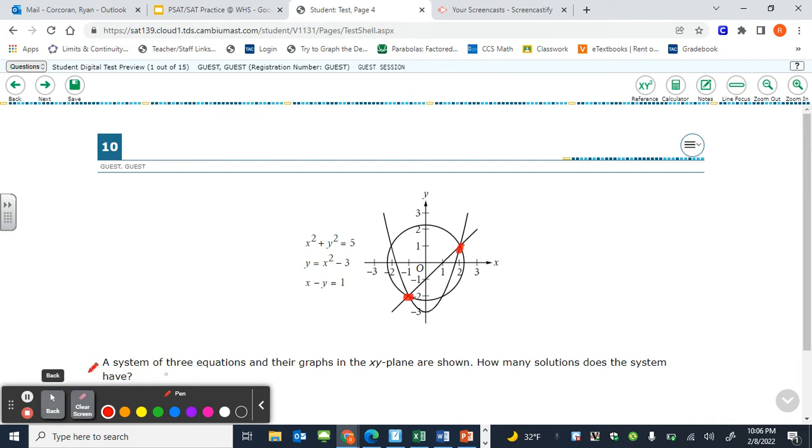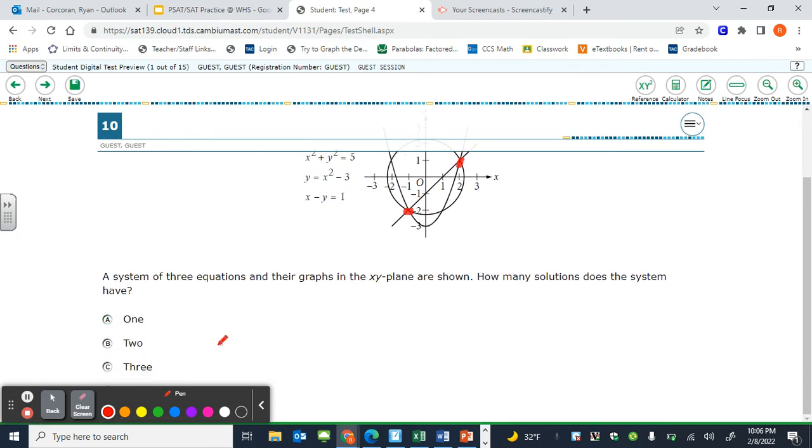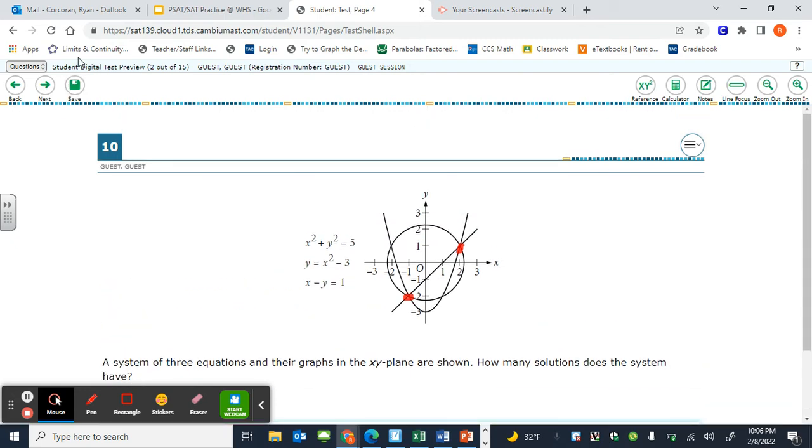This is from the Screenify that I have. It might not be a bad idea to snip this and then use PowerPoint, Jamboard, or even the snipping tool to show where this is going to be. But they want us to answer how many solutions there are.